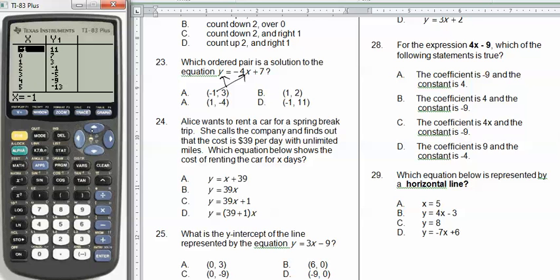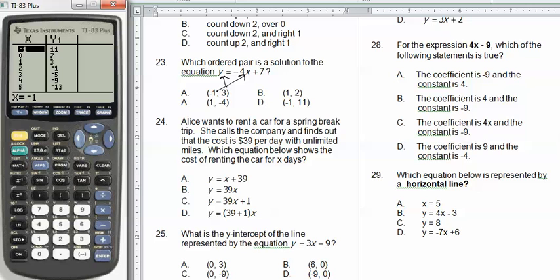So let's try -1, 3. -1, 3, no. 1, -4. 1, 3, no. 1, 2, we just checked that one, no. -1, 11. -1, 11. So that would be the answer.